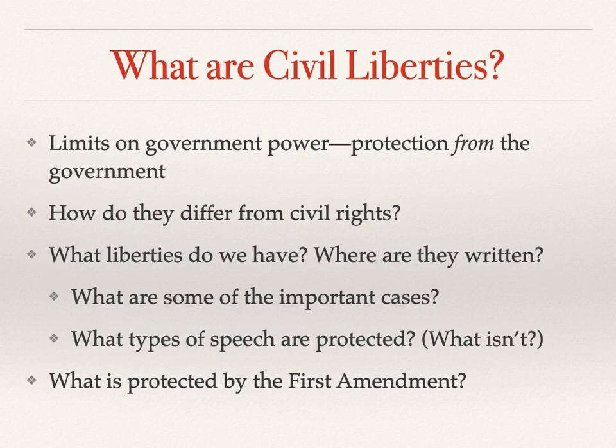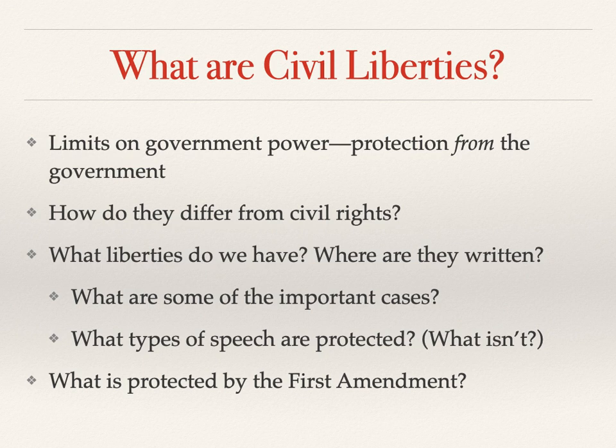Now, what are civil liberties? Civil liberties are limits on government power. They are protection from the government. So they differ from civil rights in that civil rights are protections by the government. What liberties do we have? Well, we have things like freedom of speech and press, freedom of religion. Don't forget that comes with two parts.